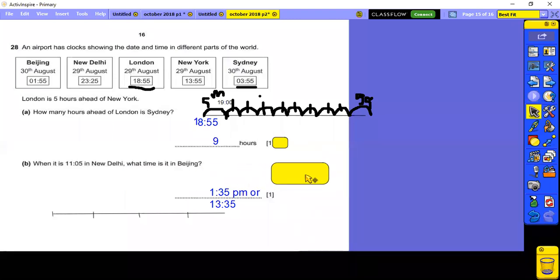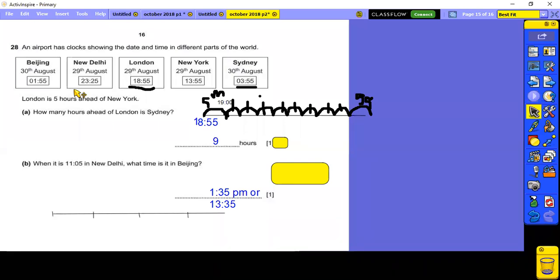I found the difference between New Delhi and Beijing. Beijing is ahead, so I found the difference and added the difference onto 11:05. Very good. So again, you should take care in this question. The date and the time at the same time. I'm not looking only at the time.